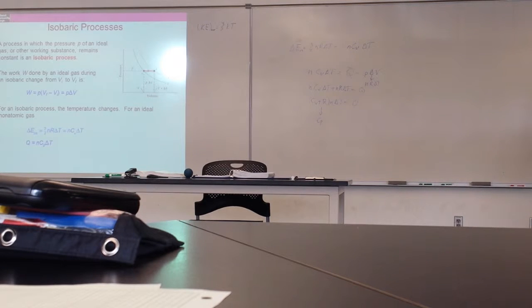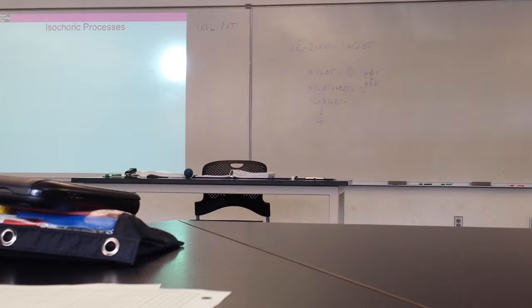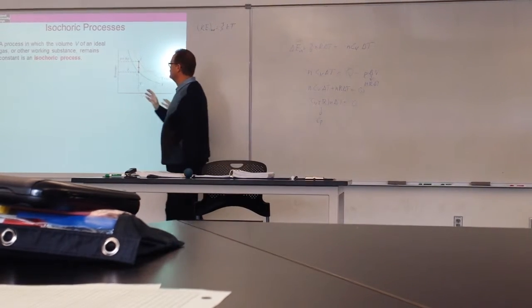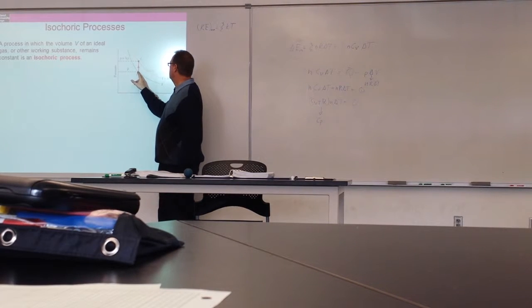So that gets us isothermal, that gets us isobaric. The last one, and then I want to do a problem, is the most basic of all. That's the isochoric process, where isochoric means the volume doesn't change, constant volume.